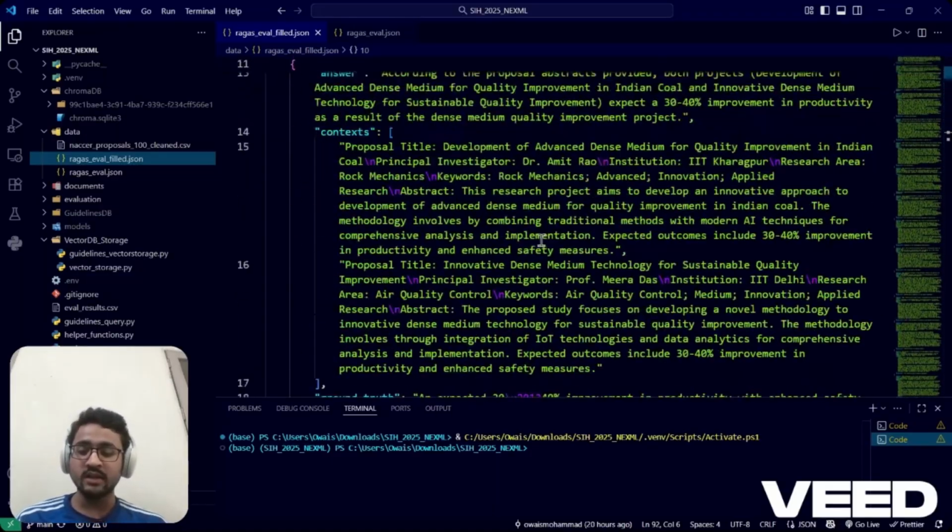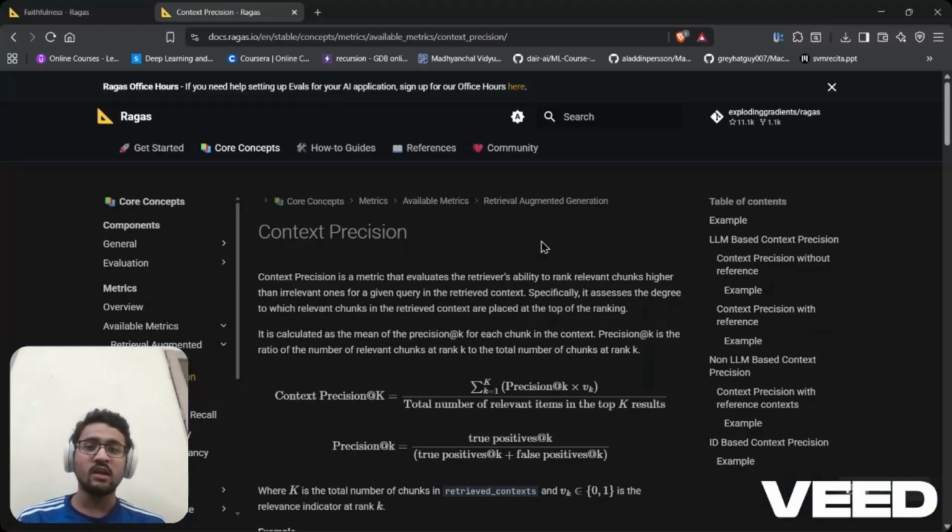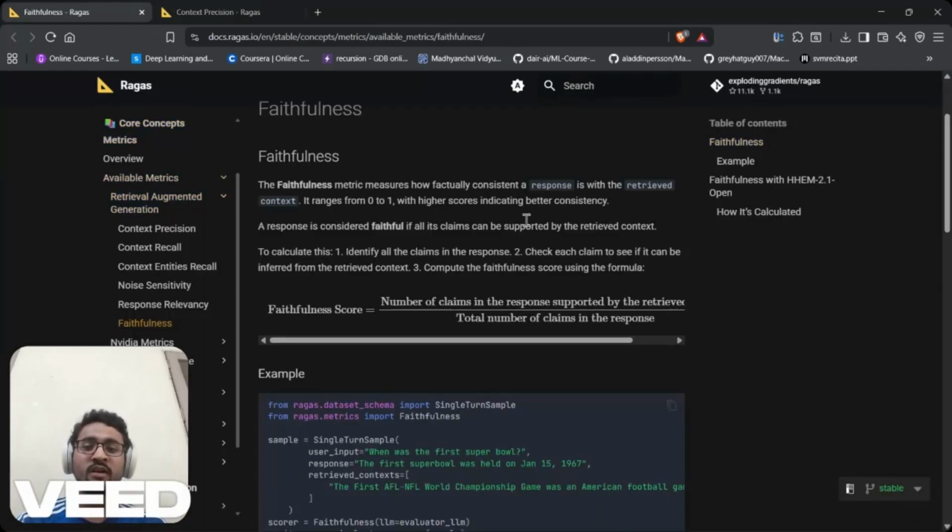And based on this dataset, we evaluated our RAG pipeline on two aspects. One was context precision. Context precision tells us how relevant the retrieved context from our RAG pipeline is to the query which we used to retrieve these contexts. And another metric which we evaluated our RAG pipeline on was the faithfulness score.